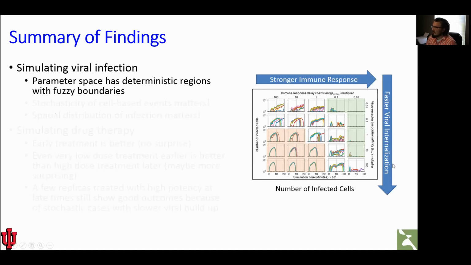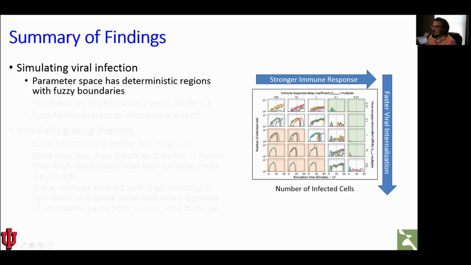What this amounts to is that for the same amount of exposure to extracellular virus, epithelial cells will internalize virus slower in the top row and faster in the bottom row. And for your reference, the baseline parameter set is the grid center plot in the middle of this grid.